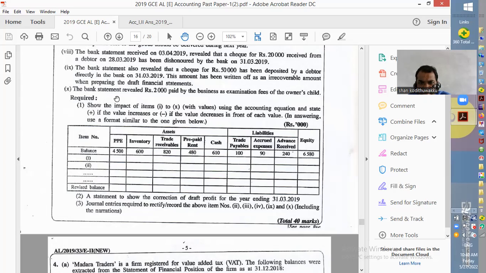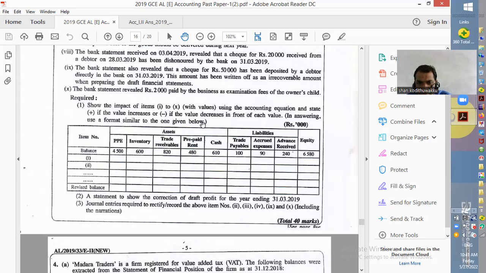Last adjustment, the bank statement revealed 2,000 paid by the business as examination fees of the owner's file. That is drawings, no? A businessman or owner cannot use business money or goods for their personal use. If they have used it, it is called drawings. Because of drawings, there will be a minus effect to assets and equity.